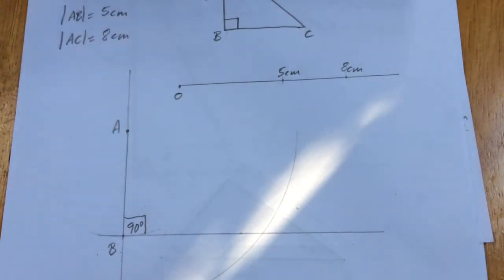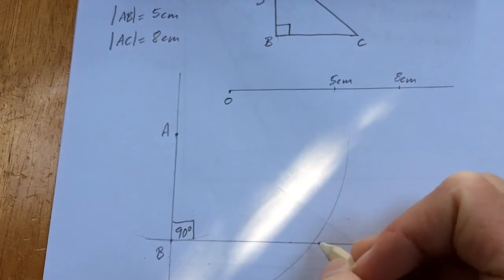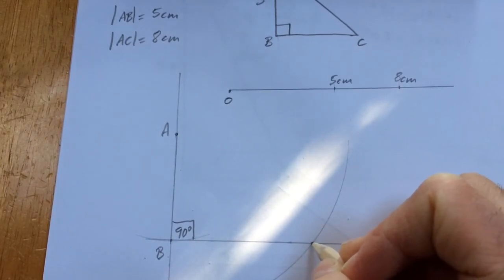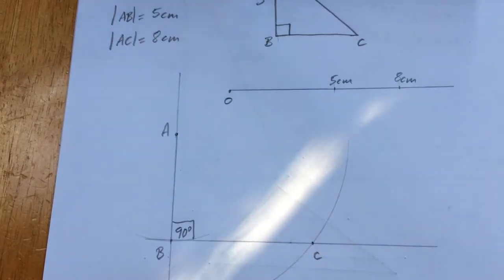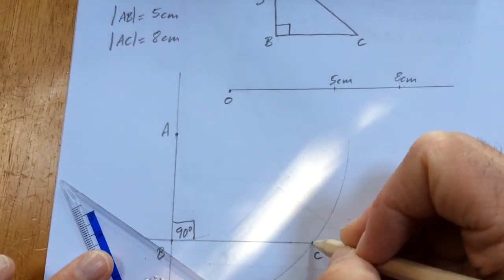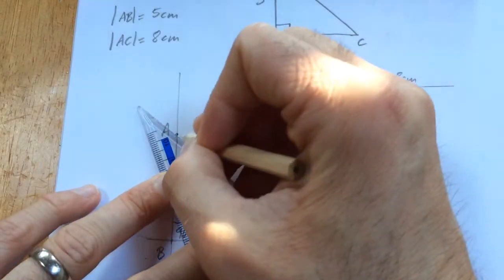But you will notice that there is a location where the curve cuts the line that we drew earlier. This must be the location of point C. To finish the construction, I join C back to A with a straight edge.